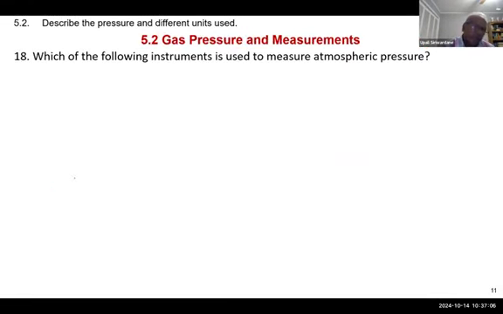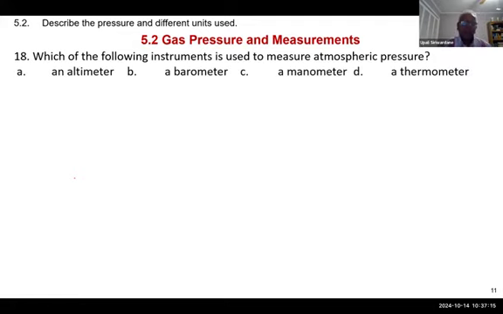Let's answer some of the questions about pressure. Which of the following instruments is used to measure atmospheric pressure? Altimeter is on a plane. Altitude is measured by an altimeter. A barometer is the one Torricelli used for measuring atmospheric pressure.